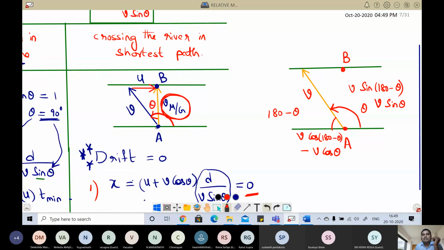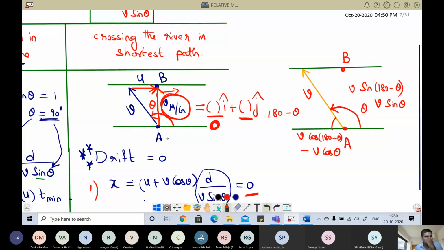Because A and B are exactly opposite points. So the velocity of man with respect to ground, if you write in vector format, is I cap plus j cap. Now this vector lies exactly in the y direction. So which component will be there? Is it I component or j component? J component. So I component will not be there.